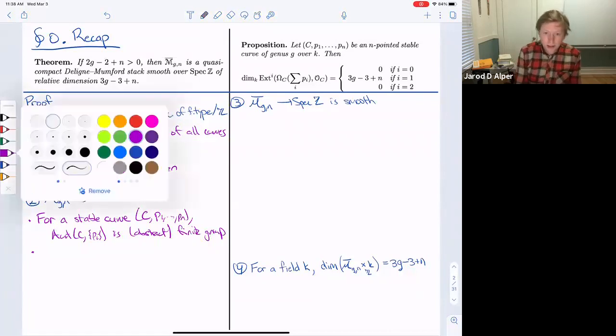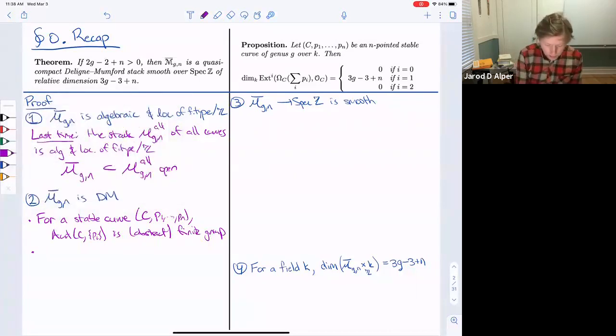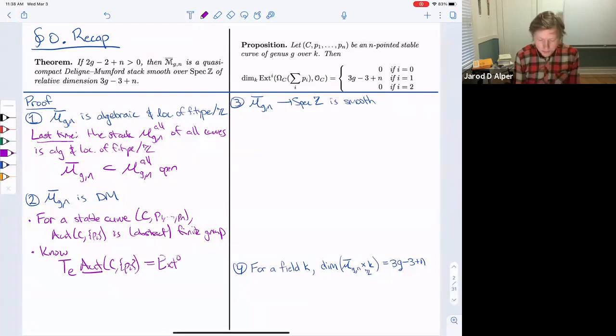Namely, we know by deformation theory that if you take the tangent space at the identity of the automorphism group scheme, which I underline, this is identified with Ext^0 of Omega_C twisted by the points into O_C.